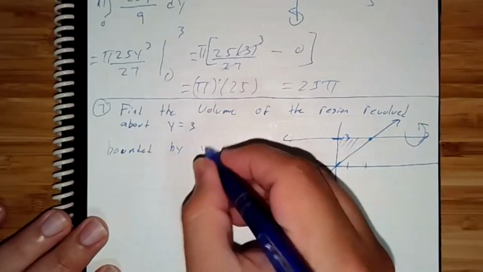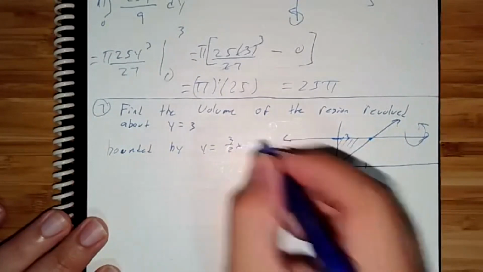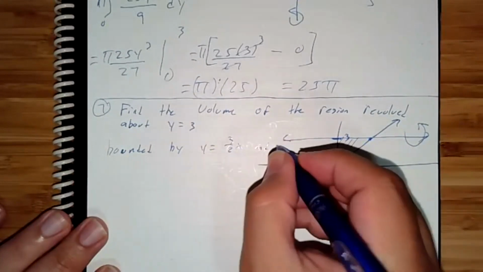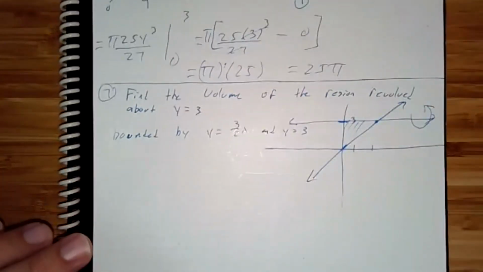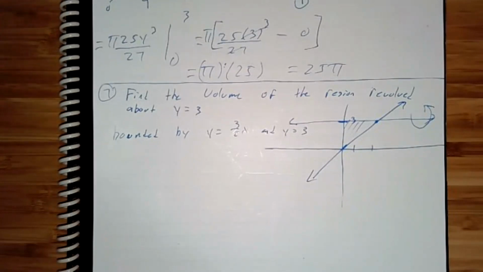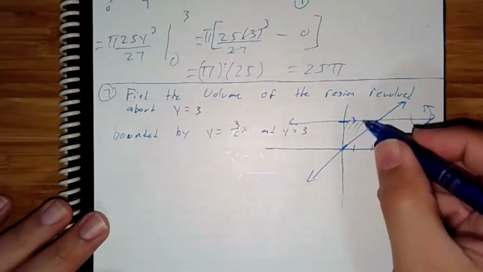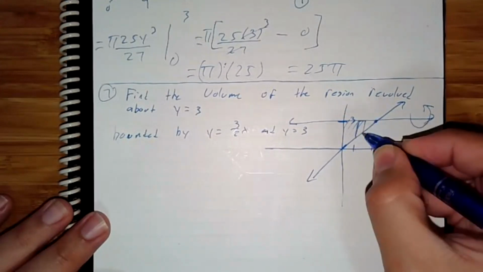Bounded by y equals 3 halves x and y equals 3. So we could do disk again. If we slice this way, no big deal.